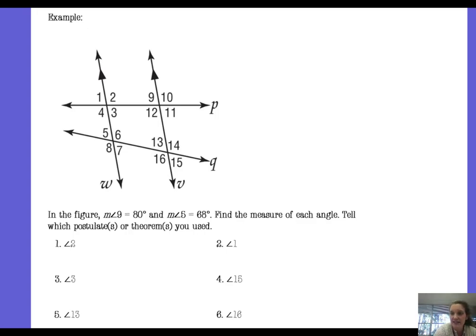So what that means is, in this example, W and V are parallel. P and Q are not parallel.